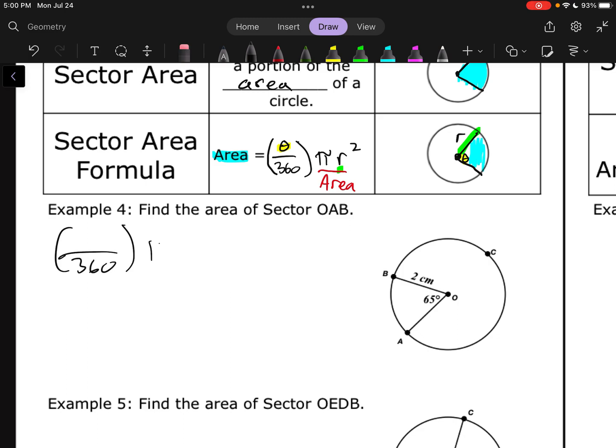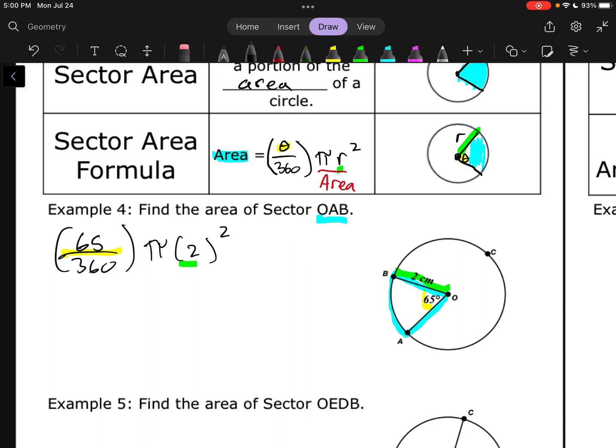Degrees over 360 times pi r squared. If we want sector OAB, that's this sector. We can tell that the angle here is 65. And our radius is 2.